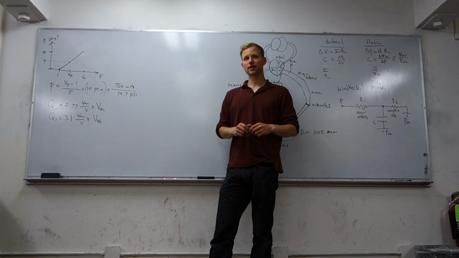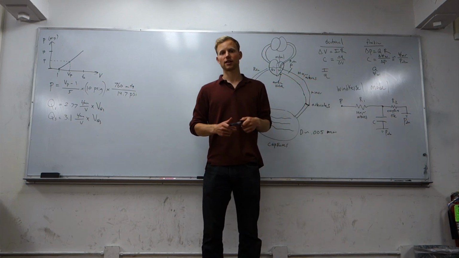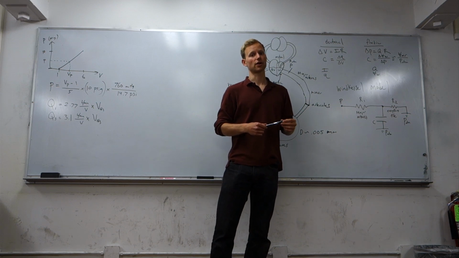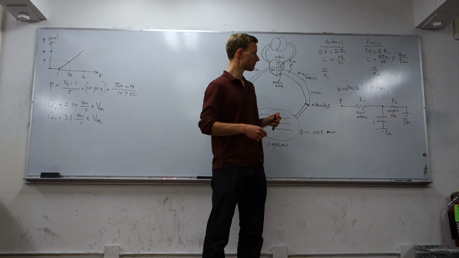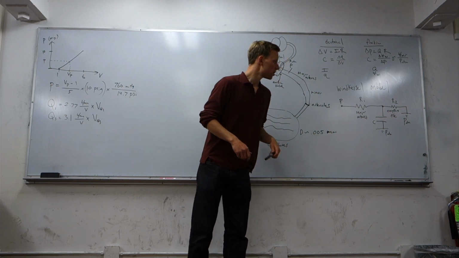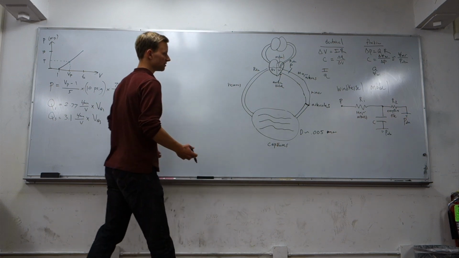Okay, so I mentioned earlier that we're using the circuit analogy to take advantage of pre-existing equations and knowledge about solving circuits. And we're going to go a little bit into that right now. So what we've done is basically built a filter. We built an RC filter.